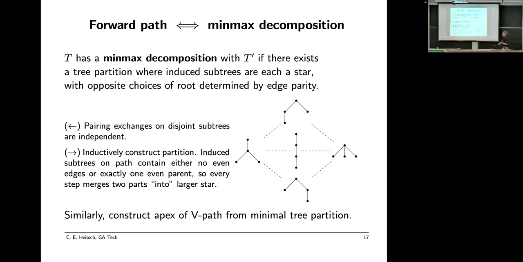And what happens is that they are basically merging those closed loops in a very predictable way that you can characterize, and then show this preserves this min-max property. And so the min-max property is that I look at the tree partition and the induced subtrees have to be each a star.